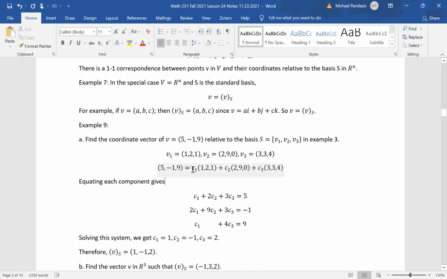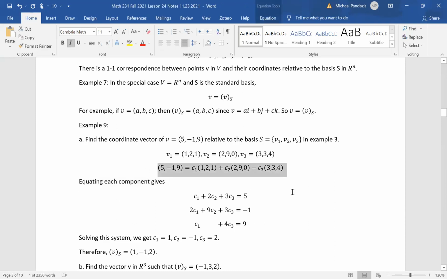That means we need coefficients c1, c2, and c3. If we can find an assignment of c1, c2, and c3 that makes this equation hold, then we have written this vector as a linear combination of those three vectors, and c1, c2, c3 form the coordinates of your vector relative to that basis.